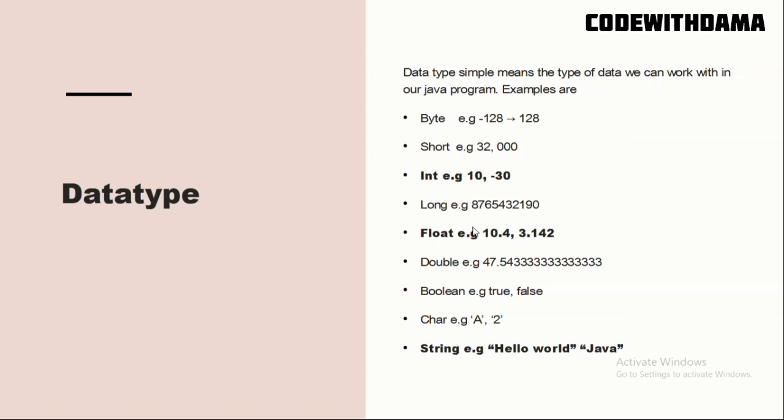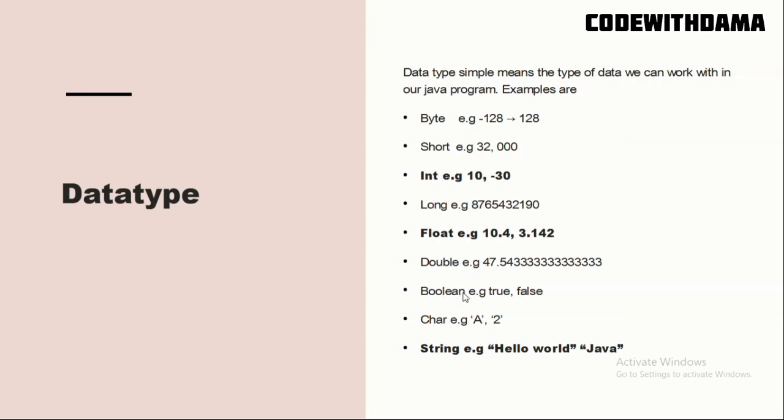Then we have the float, which is a data type for numbers that have decimal places. And for the float, any number with decimal places not greater than 7 falls under the float. But for those who have precision greater than 7, they fall under double.